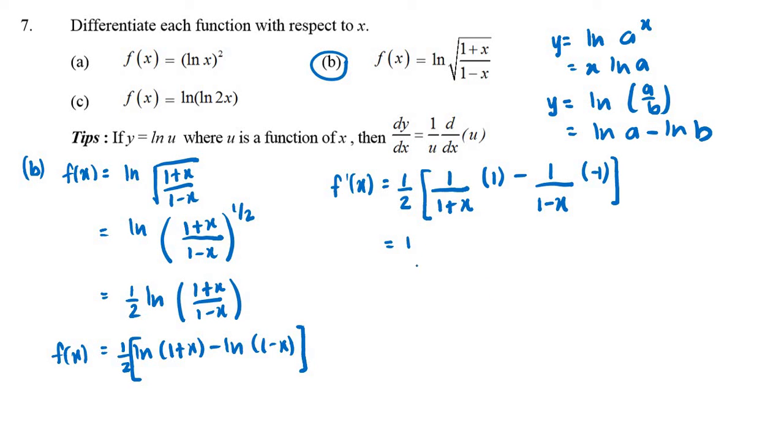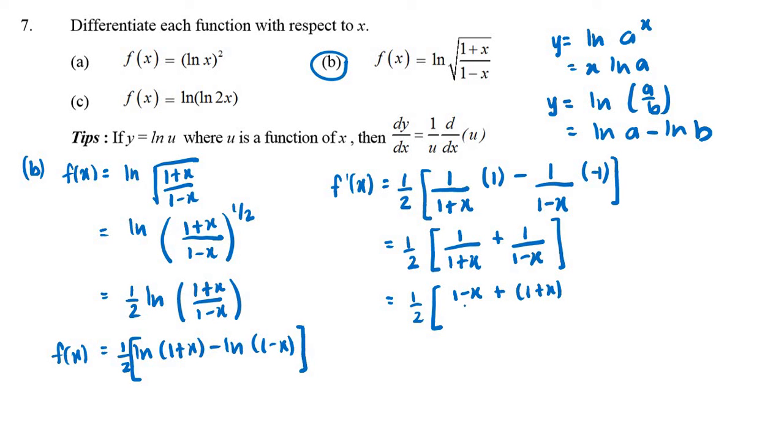Now, next line, 1/2. So we're going to have 1 over 1 plus x, and then over here, that is going to be plus, right? So plus with 1 over 1 minus x. Okay, so next line kita cuba samakan penyebut lah dekat sini. When you try to equalize the denominator, atas ni akan jadi (1 minus x) plus (1 plus x).